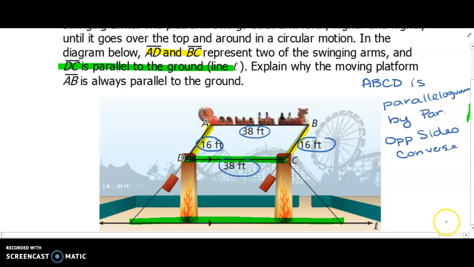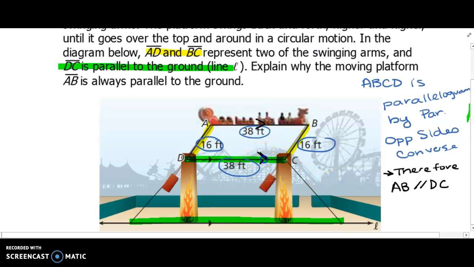Remember, if both pairs of opposite sides are congruent, then it's a parallelogram. So I know that this figure here is a parallelogram. And because it's a parallelogram, I can go one step further and say, therefore, AB is always parallel to DC. These 2 will be parallel because this is a parallelogram.